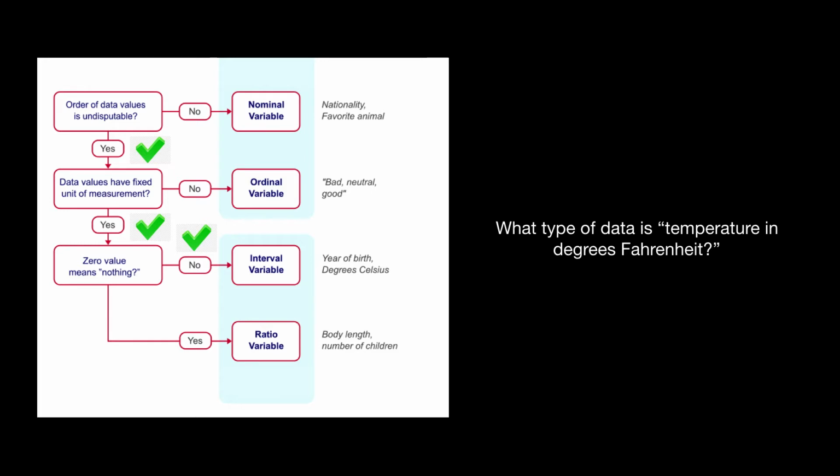Does the zero value mean there is nothing there? Now the answer to this for Fahrenheit is no, because Fahrenheit measures temperature or heat. When you talk about 0 degrees Fahrenheit, that does not mean that there is no heat. It means that the temperature on this arbitrarily constructed scale is 0.